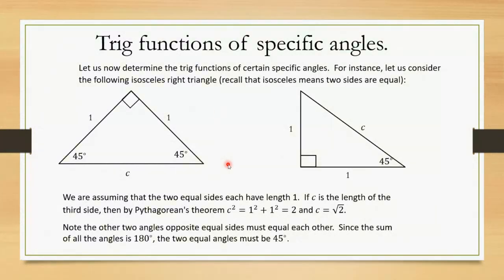Namely, what we're going to do now is consider an isosceles right triangle. An isosceles triangle, remember, means 2 of the sides are equal.